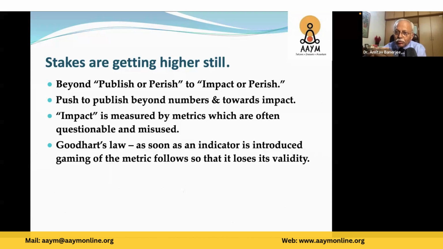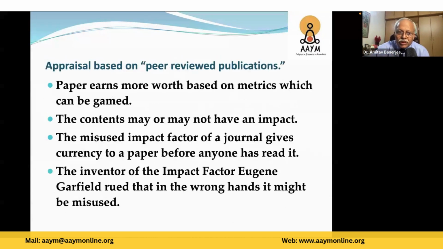Once you have a metric to measure something, everybody starts gaming it, and it loses its value. So a peer-reviewed paper earns more worth on metrics. Quantity is getting precedence over quality, so we are getting poor quality research.